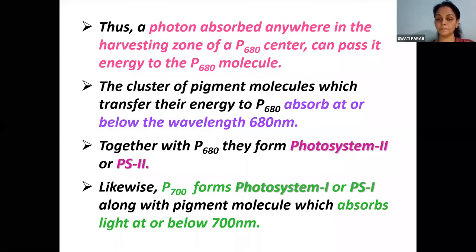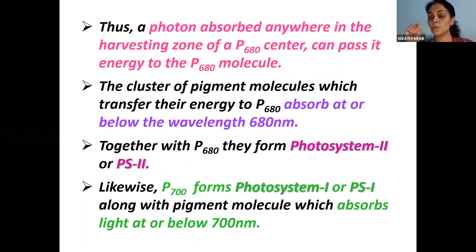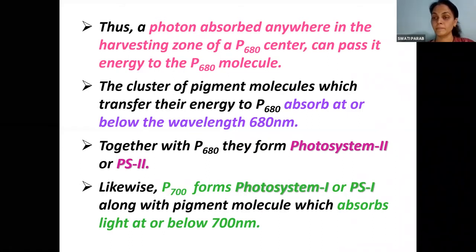Now make two columns. I'll give you this answer in a simplified manner; I think you are all much confused with it. On one side write PS1, on the other side PS2, that is photosystem 1 and photosystem 2.